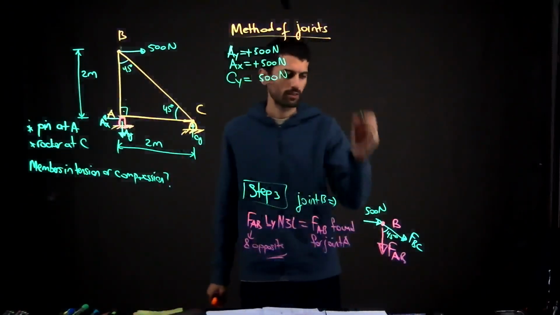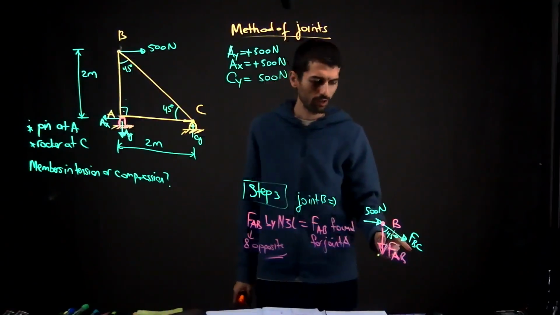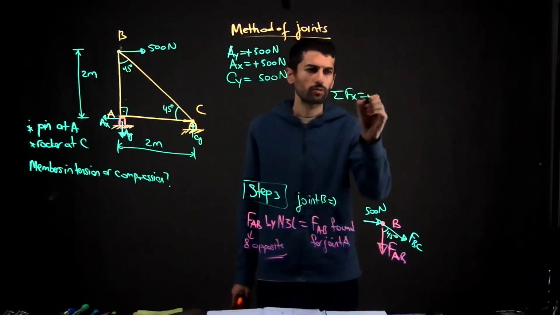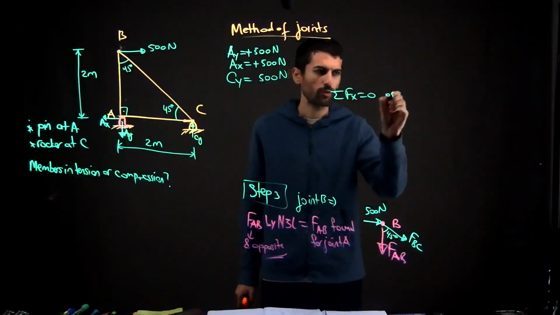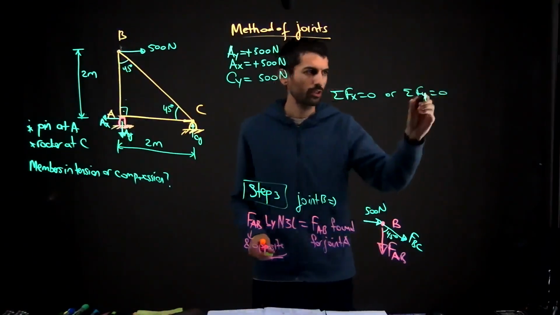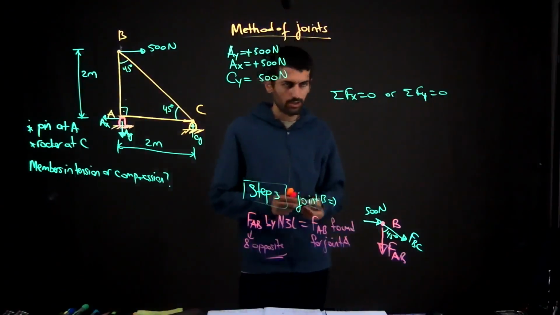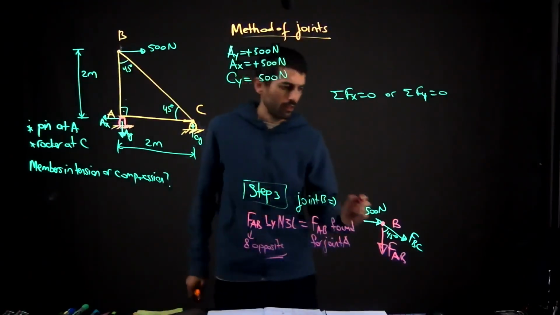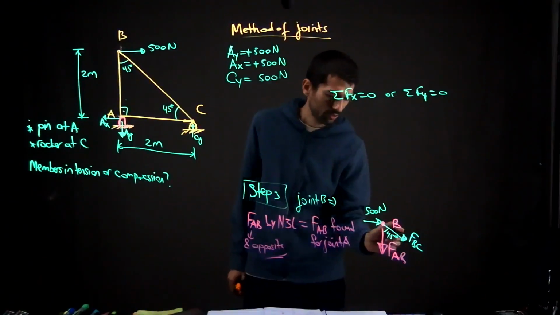As I said, there is one unknown, so you can put either F_x equal to 0 or F_y equal to 0. Both of them will give the same answer. So we'll just go with F_x equal to 0. F_BC has two components, one in this way, one in that way.